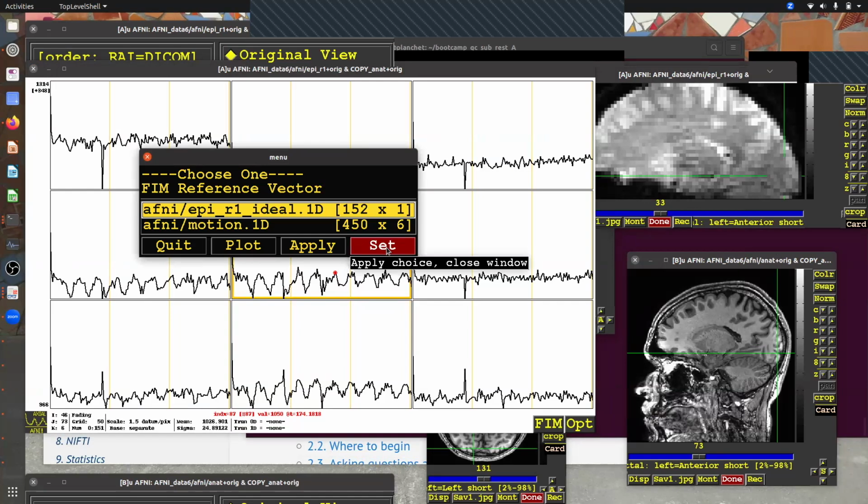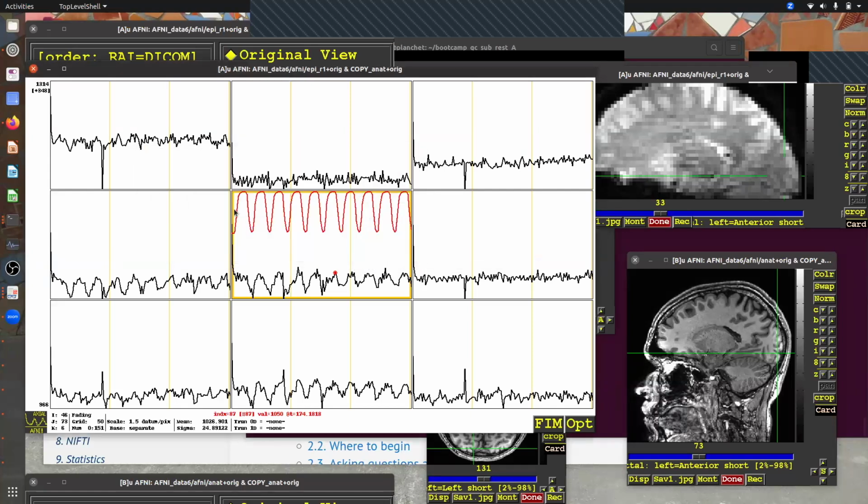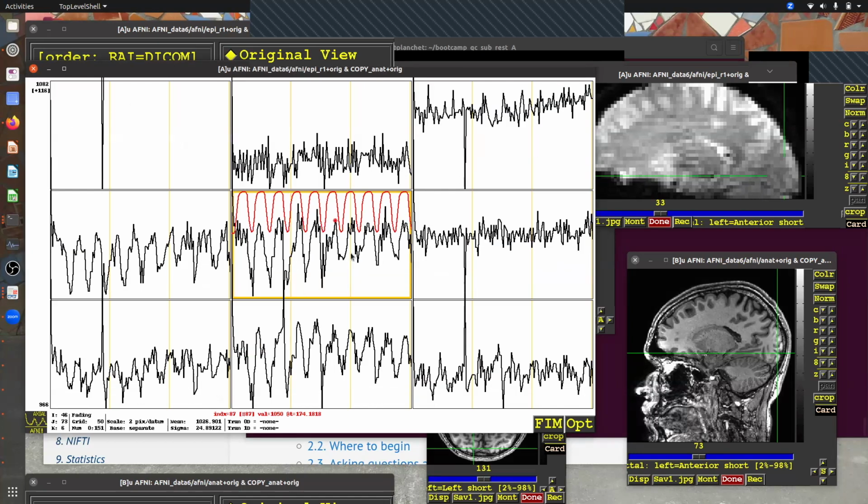In this case, it is an audio-visual task. What would their idealized, purely hypothetical response look like? It would look like this red curve. And if I pump up the signal a little bit, you can see that indeed this boxcar pattern is not only matching the on-offness, it's synced with it pretty well.